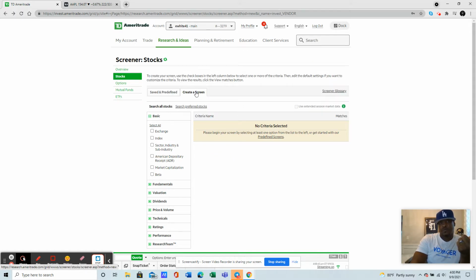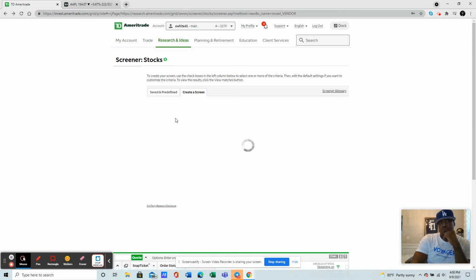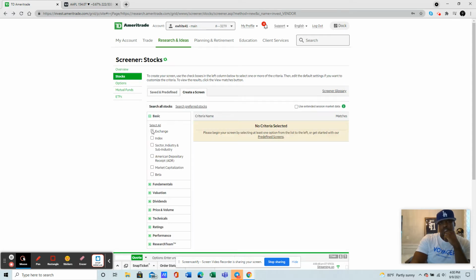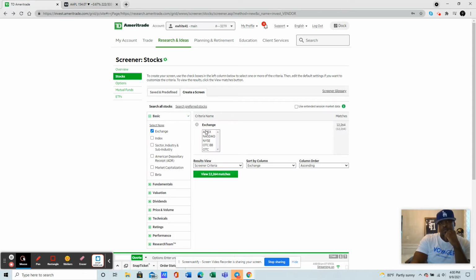Now you want to create a screen, and we're going to select exchange. We're just going to do the top three, hover, and highlight them. We're not going to do penny stocks. The OTCs are going to be penny stocks.